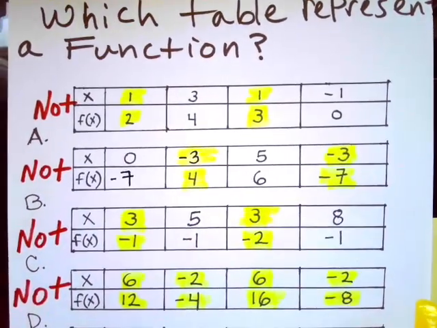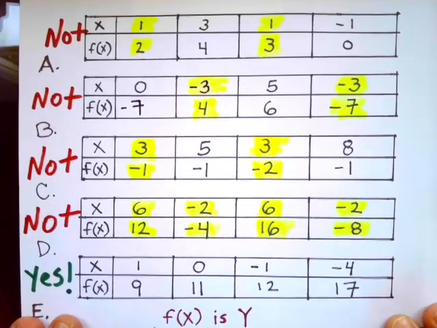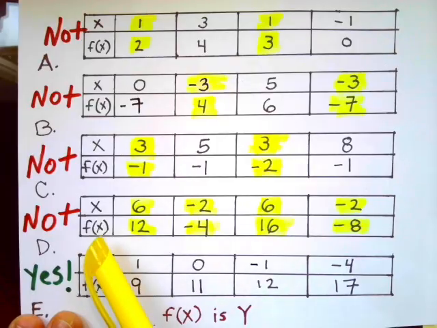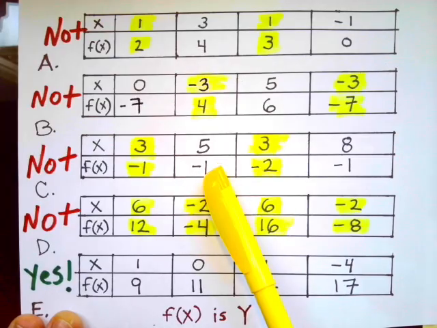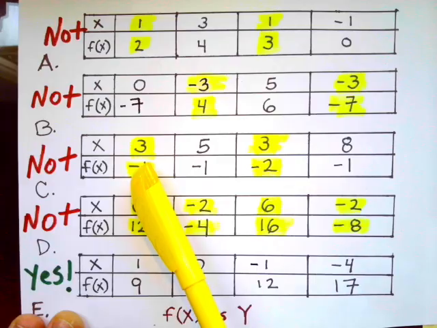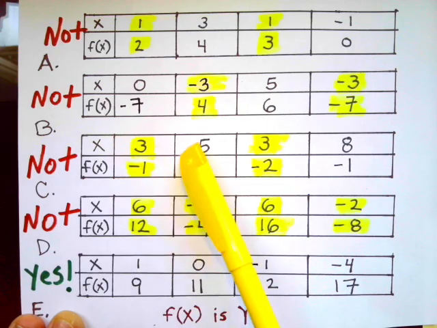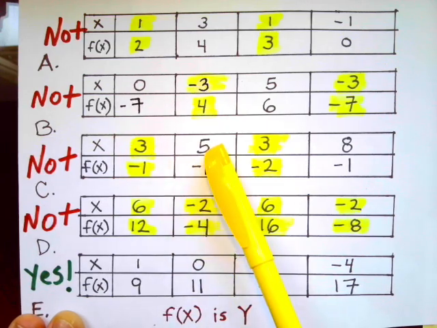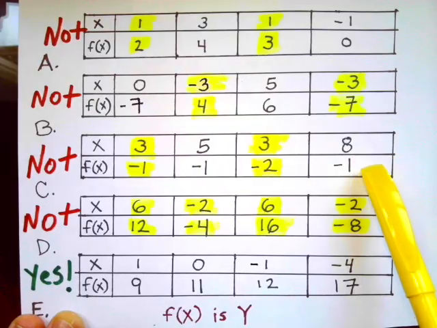Let's go ahead and take a look at example C. For C, we have x is 3, y is negative 1, x is 5, y is negative 1. And that's okay. We have the same values for y, negative 1, but the x values are different, and that's okay. We have 3 for x, negative 2 for y, 8 for x, negative 1 for y.